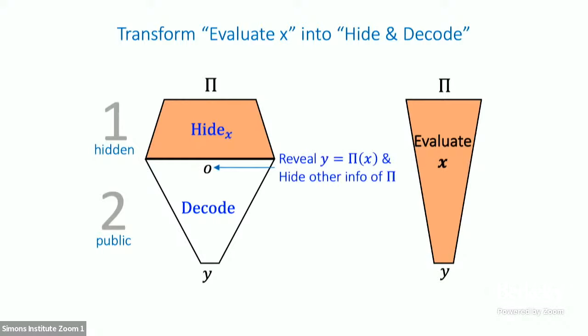So for security to hold, what I really want is for this intermediate outcome O to contain only information about the output Y and nothing else about the program pi.